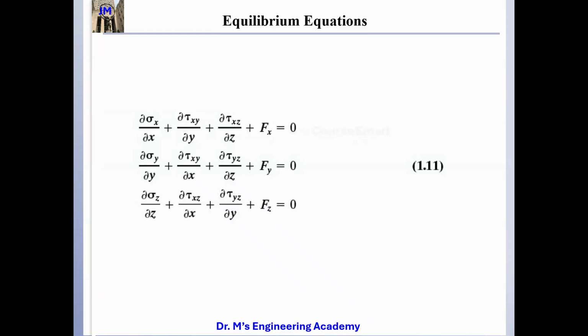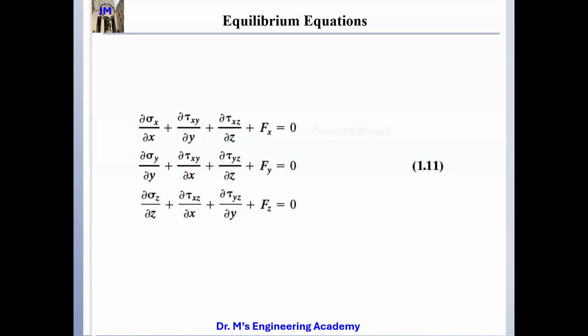So this is what we have learned in high school or in early undergraduate years. Now, if we want to use the stress components to express the equilibrium equations, we use these other equations. Right?